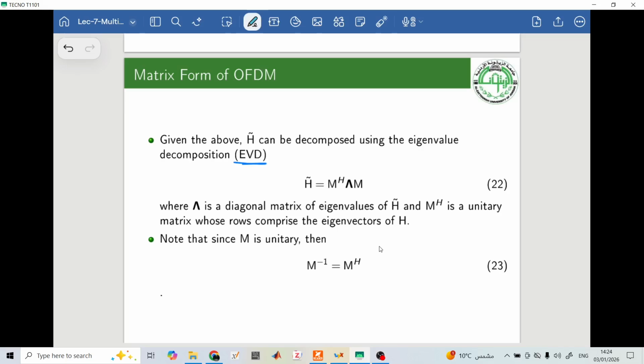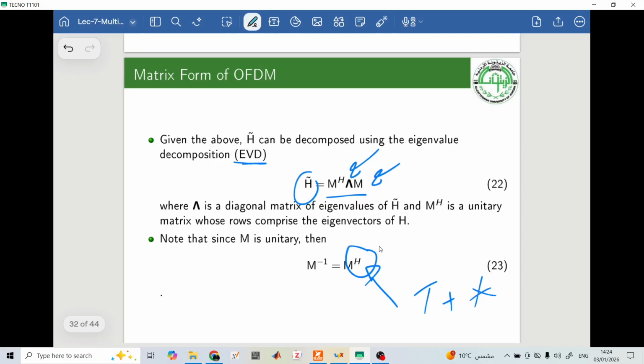We can decompose the circular channel into M, which is the matrix having the eigenvectors, and lambda is the diagonal matrix having the eigenvalues. One important property of such eigenvalue decomposition is that the inverse is actually the transpose, or the Hermitian in this case. The Hermitian is actually transpose plus doing the conjugate.